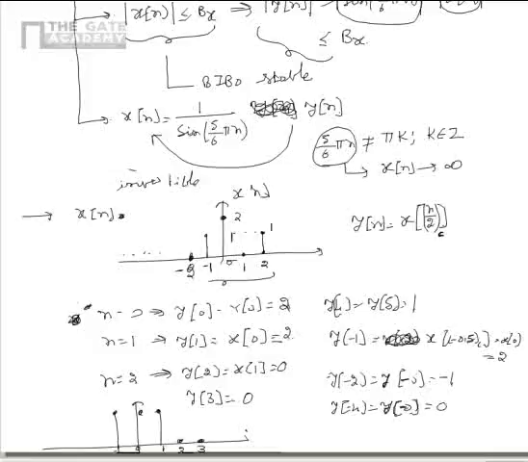At n equal to 4 and 5, the value of y of n is 1. Similarly, at n equal to minus 2 and minus 3, the value of y of n is 1. And at n equal to minus 4 and minus 5, the value of y of n is 0.